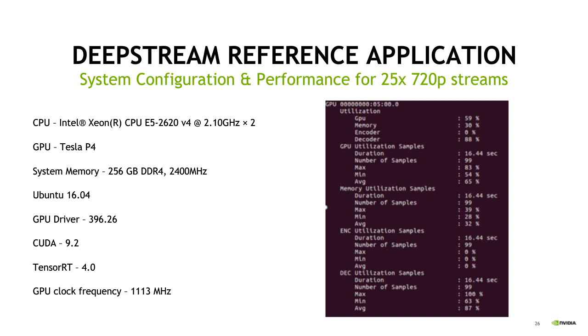Configuration that was used to run this application. You can see it's a standard server class CPU with a single Tesla P4 GPU. On the right, we show the utilization numbers for the GPU, memory, encoder, and decoder.